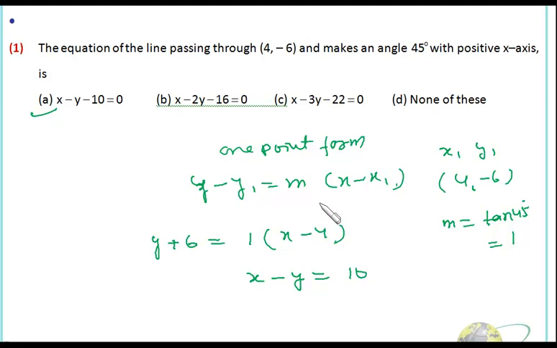If you are conceptually clear, you know the various forms of the line, these sorts of problems will be very easy for you. You just have to identify the given information. We have one point and the slope of the line, so we can use the one point form, and this is the direct formula for it, and the derivation we have already discussed.